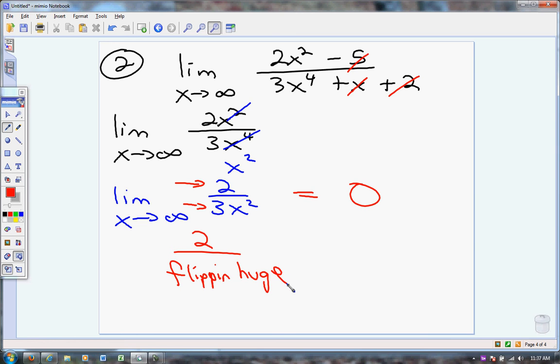If I have 2 divided by something close to infinity squared, right? If I have the little number 2 divided by a gargantuan number, it's going to be basically 0. Okay? So, if you have a constant on top and some x on the bottom that's left, if you are approaching infinity or negative infinity, it will be 0.